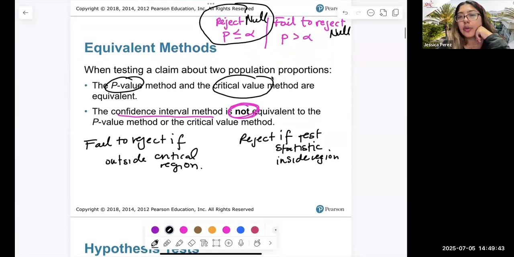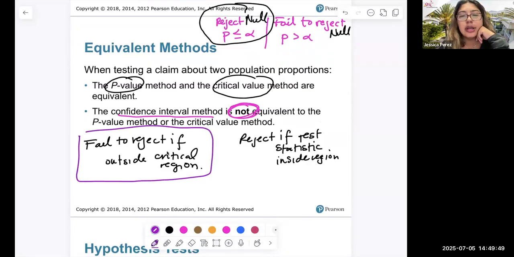When we are looking at a critical value, we need to see if it's inside the region or outside the region. If the test statistic is outside the critical region, then we are going to fail to reject the null.